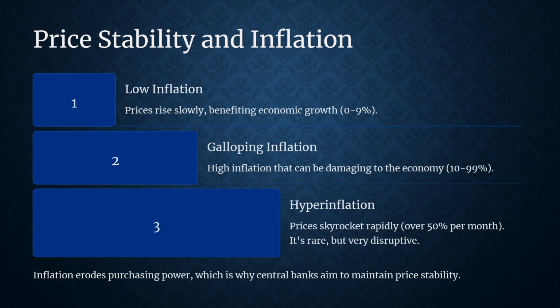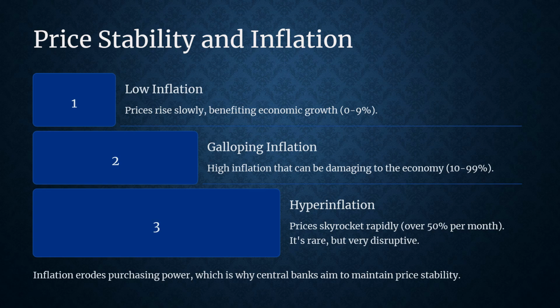Next, we're going to learn about price stability and inflation. If we focus on inflation, there is low inflation, galloping inflation, and hyperinflation. In low inflation, prices rise slowly, benefiting economic growth, 0 to 9%.